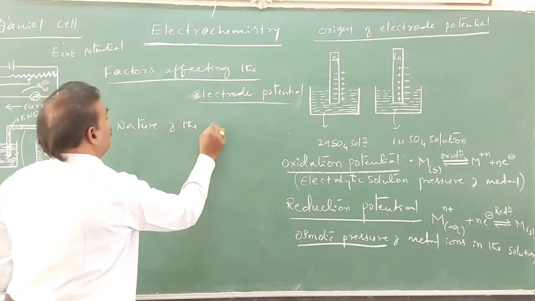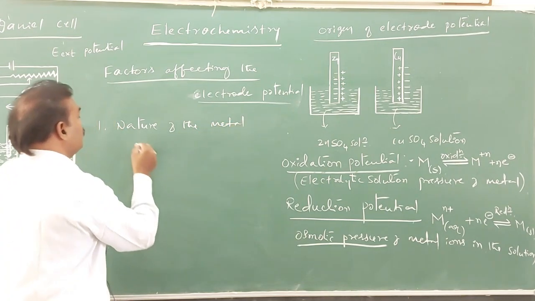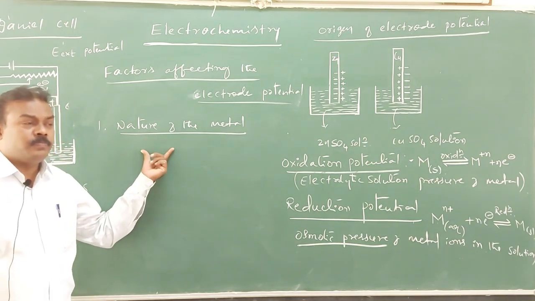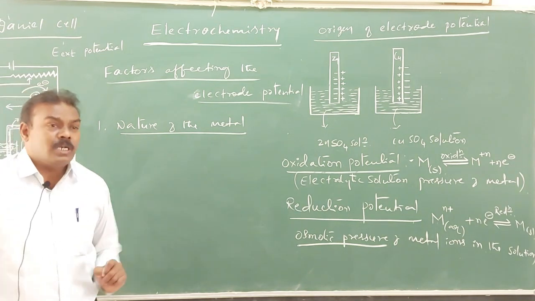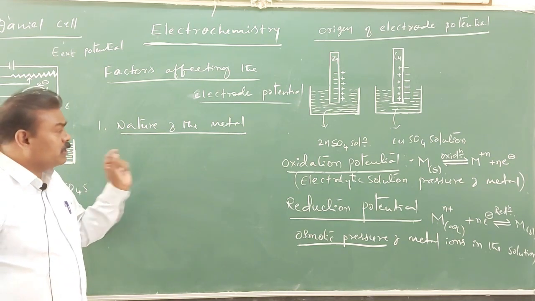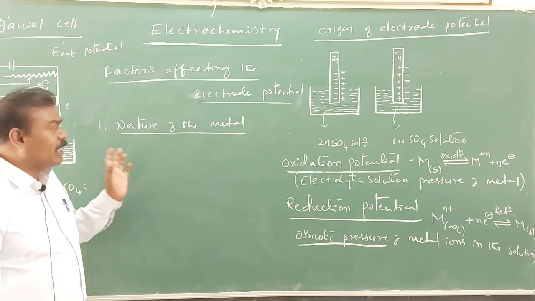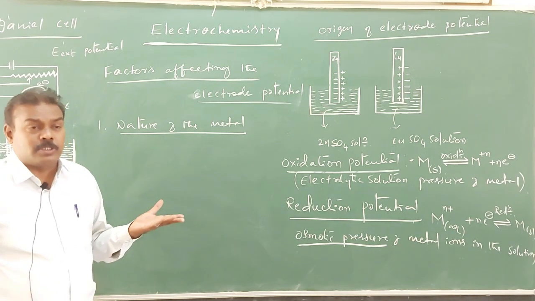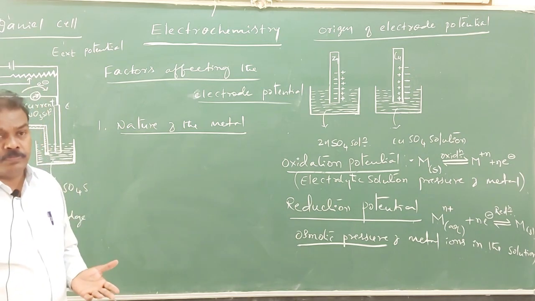Nature of the metal. Metals generally have both positive electrode potential as well as negative electrode potential. Electrode potential values may be positive or negative.